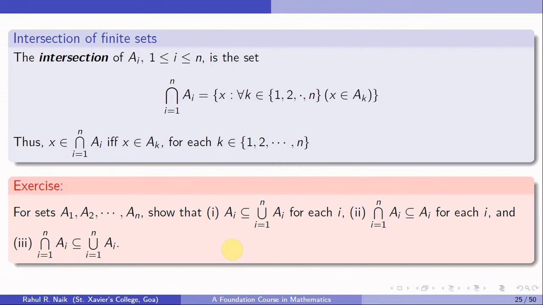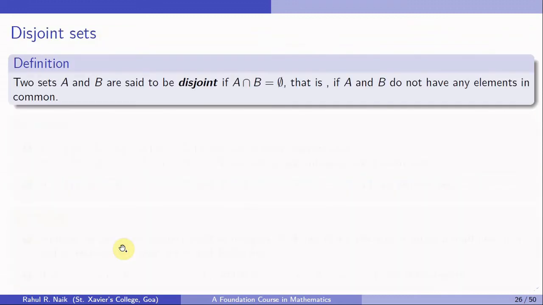Disjoint sets. Two sets are said to be disjoint if the intersection is empty, that is, if A and B do not have any elements in common. We have some examples. The first example is the set of even integers and the set of odd integers.